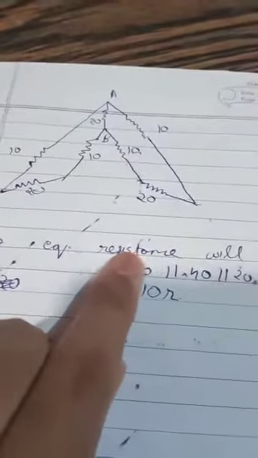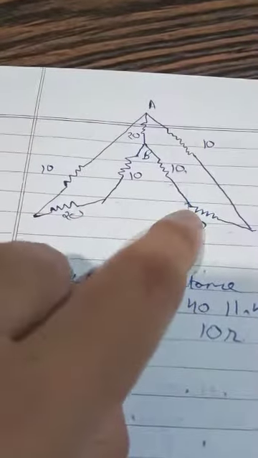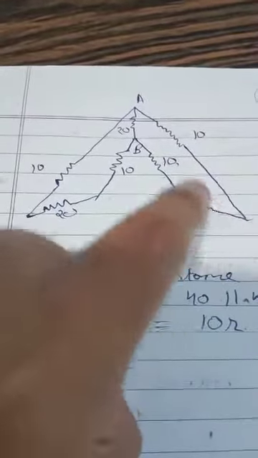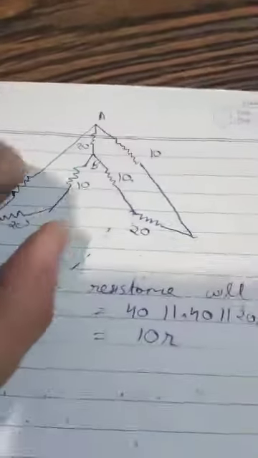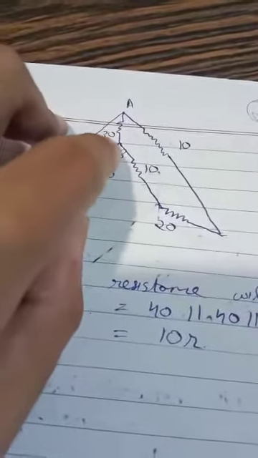So the equivalent resistance will be 40, this 10 plus 20 plus 10, and this 10, 20 and 10 will also be 40, because they are connected in series. These 40 and 40 will be in parallel with this 20 ohm, which is between A and B.